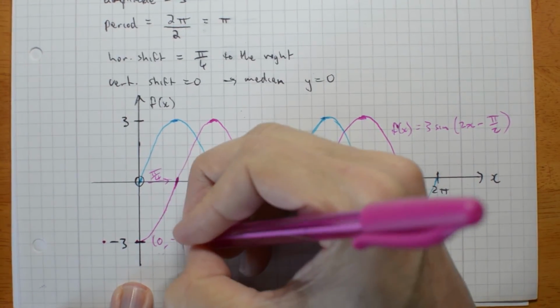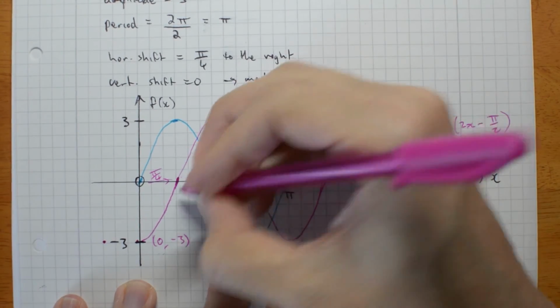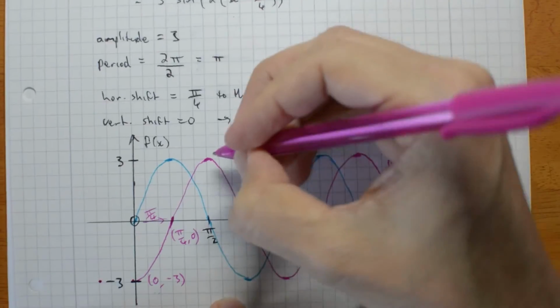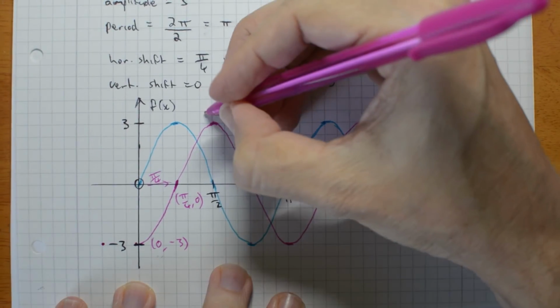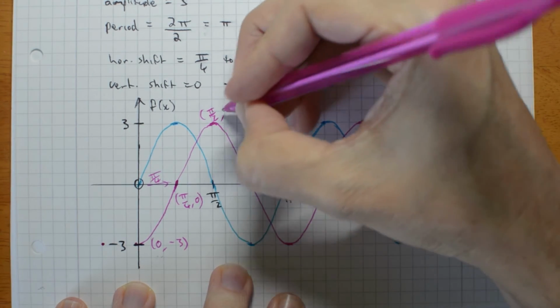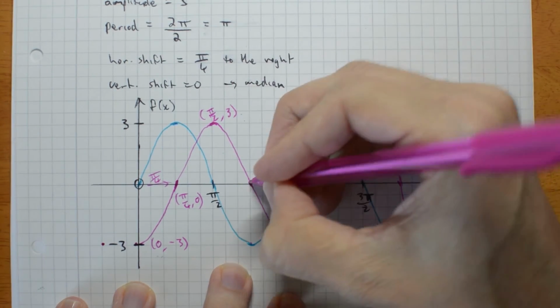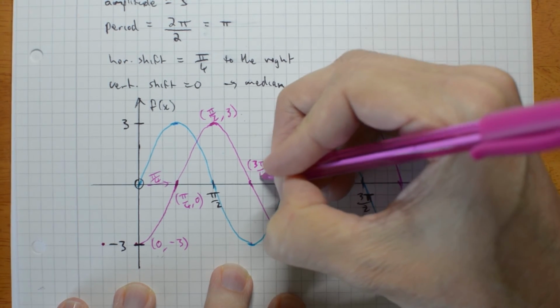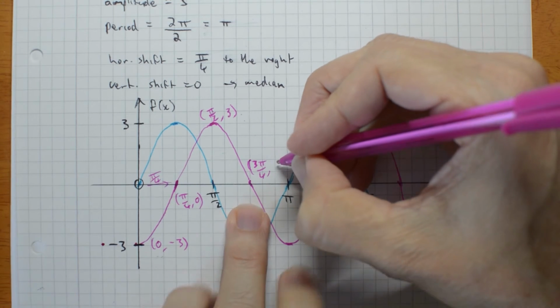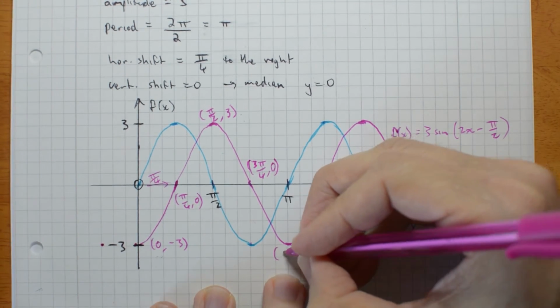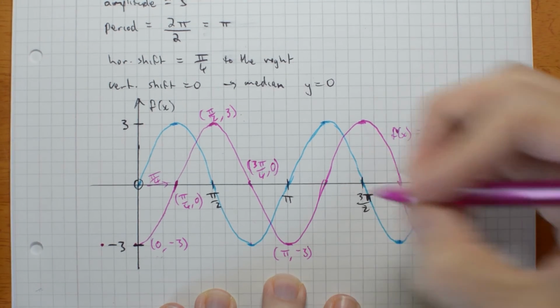This is 0, negative 3. This point is pi on 4, 0. This point up here is pi on 2, 3. This point is 3 pi on 4, 0. The minimum is pi, negative 3.